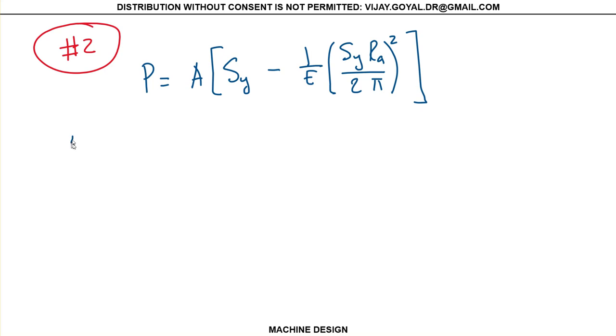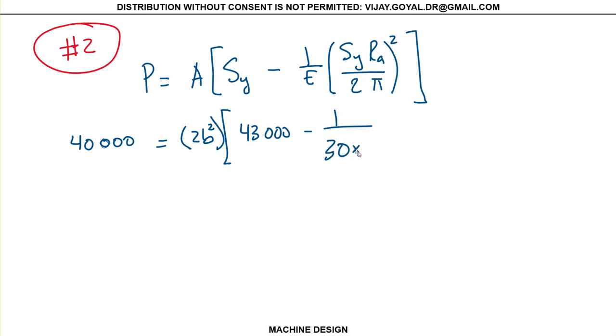And then on this side we have 40,000. And then this is B squared, that's your A. This is 43,000, that's your yield strength. 10 to the 6, 43,000 divided by 2 pi. Your RA is 22.05 B.